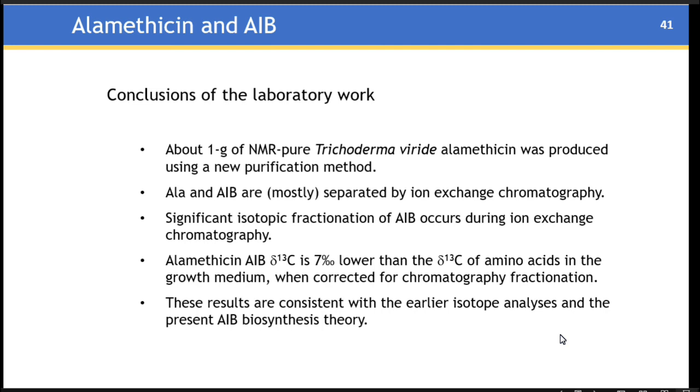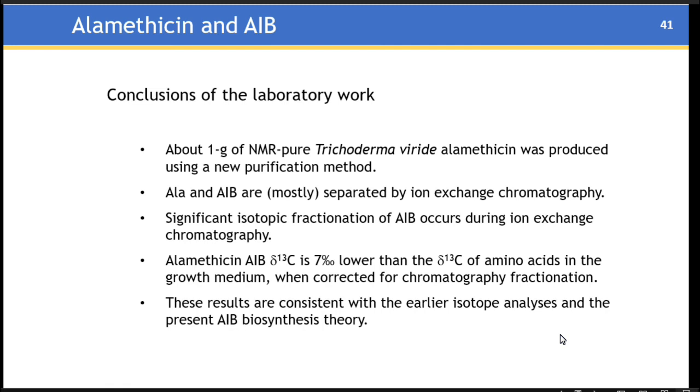Okay, conclusions from this part of the work. About 1 gram of the NMR pure alamethicin has been produced by a new method. Alanine and AIB are mostly separated by ion exchange chromatography, but there's a significant isotopic fractionation that occurs during ion exchange.